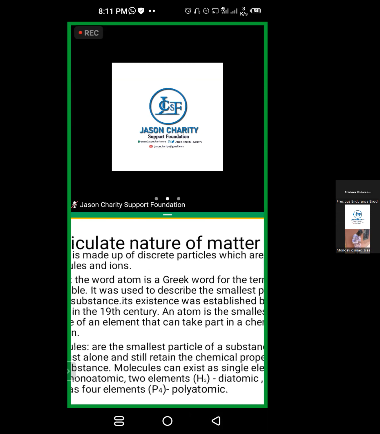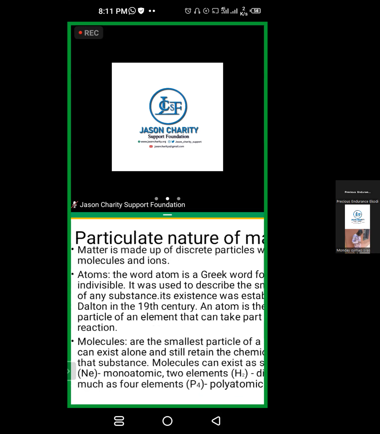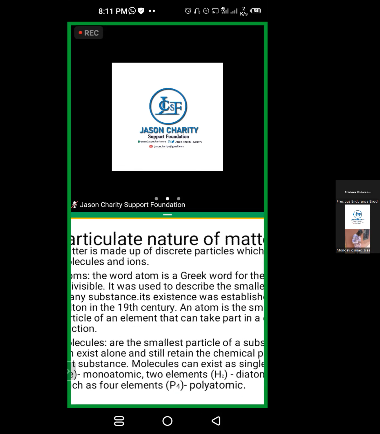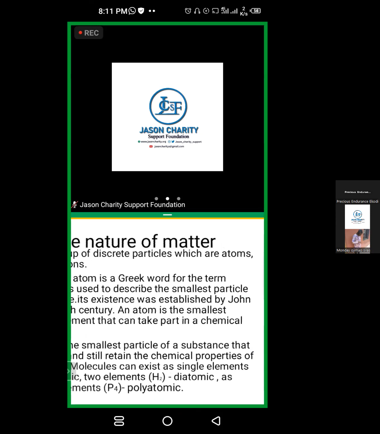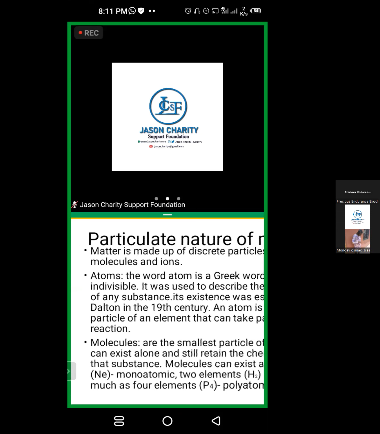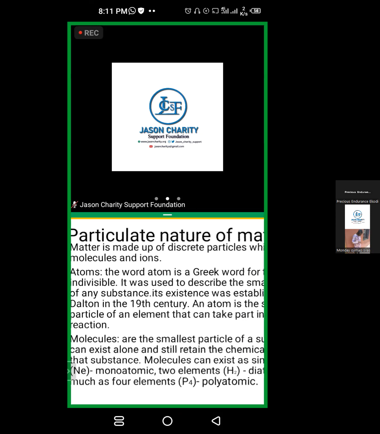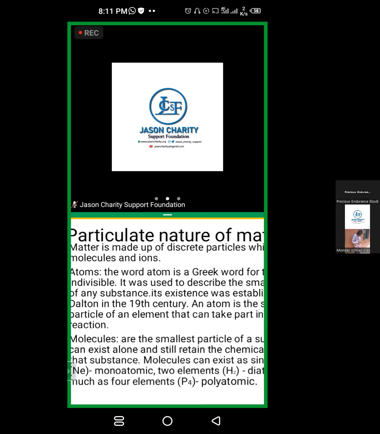What's the particulate nature of matter? I believe that we discussed this before, if not in these previous classes. There we see that matter is made up of discrete particles, which are atoms, molecules, and ions. Now, what are atoms?